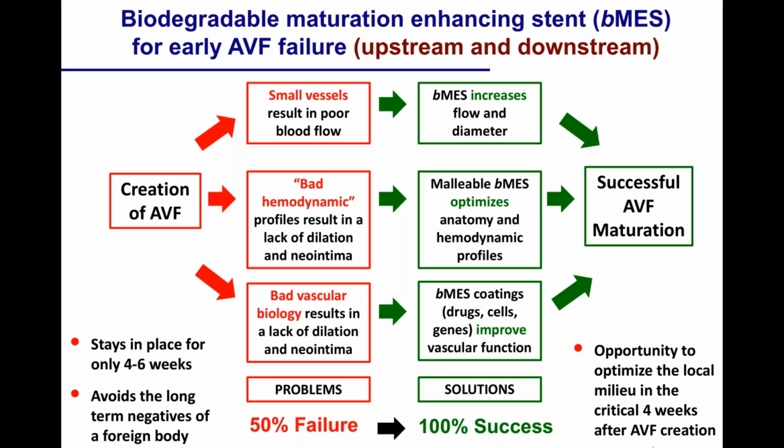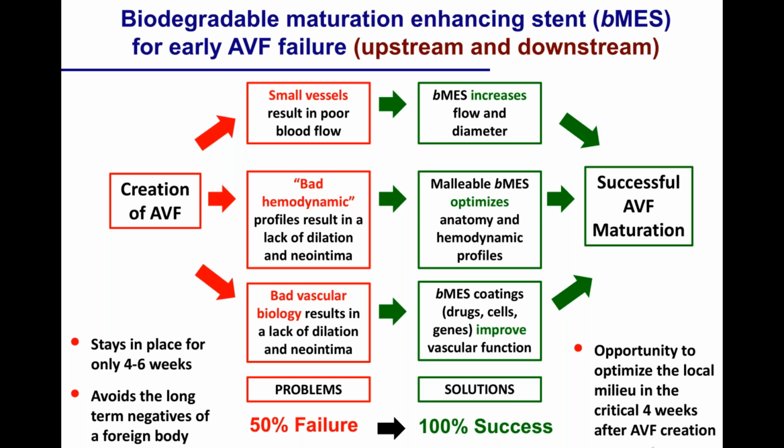So this is the period where you have surgical handling, you have hemodynamic shear, you have fistulae being placed, and if you can tweak the biological and hemodynamic system enough in our minds in this period of time, you would likely, we feel, get a good long-term result if you tweak it in the right direction.